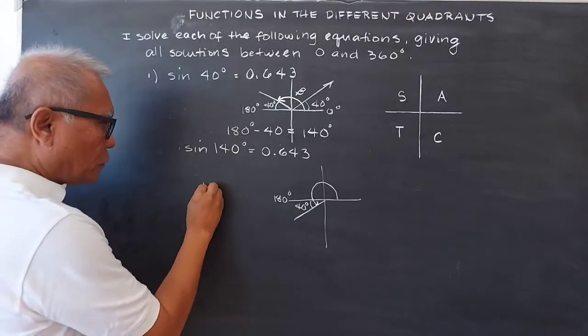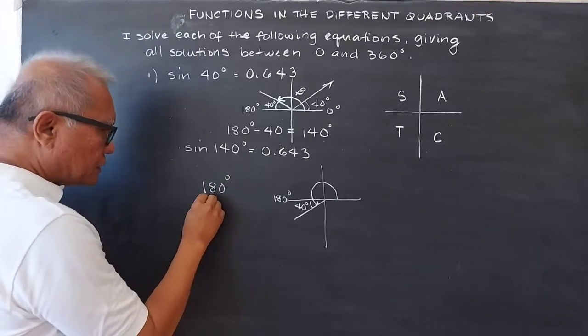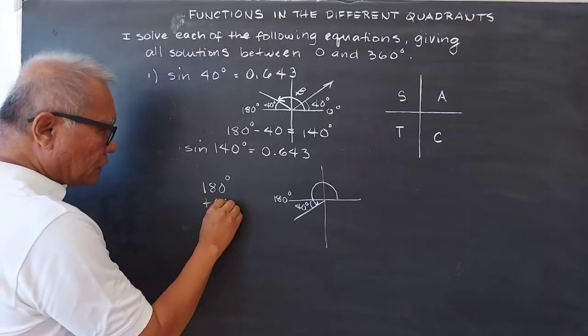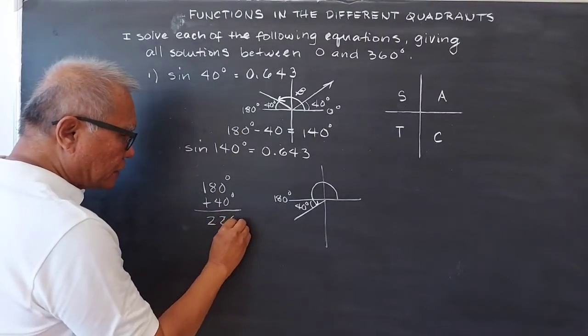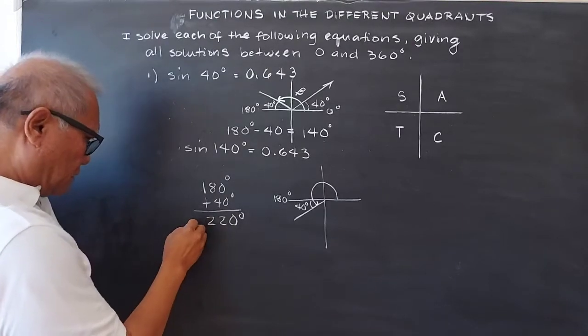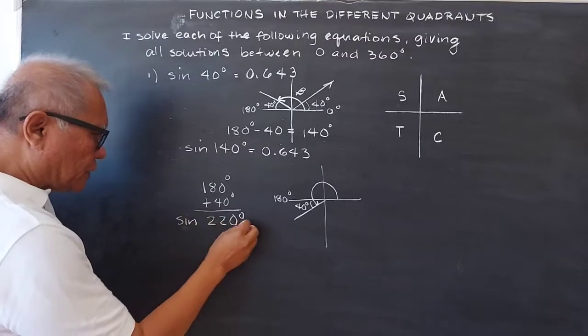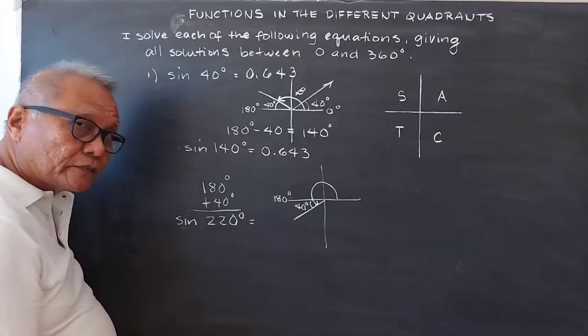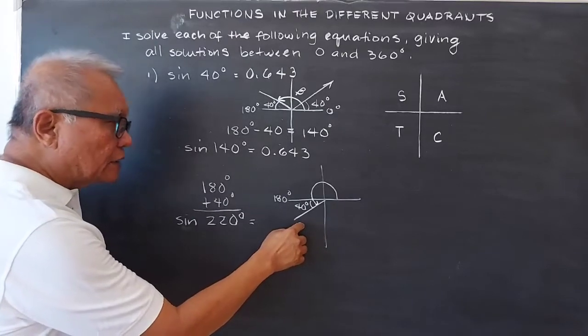So we have 180 degrees plus 40 degrees will give us 220 degrees.